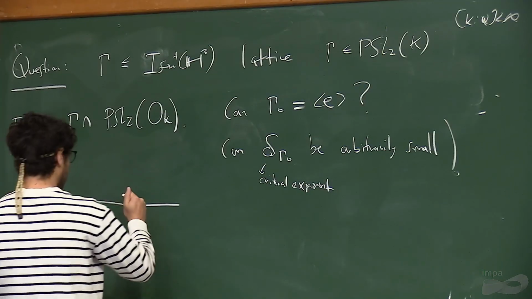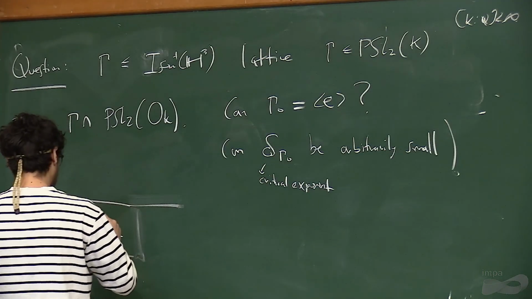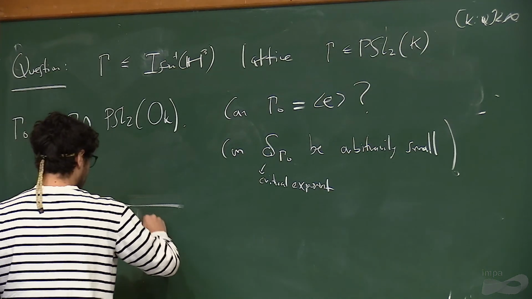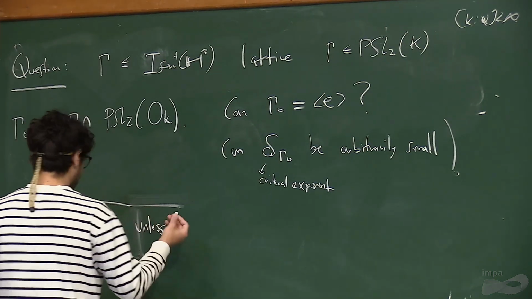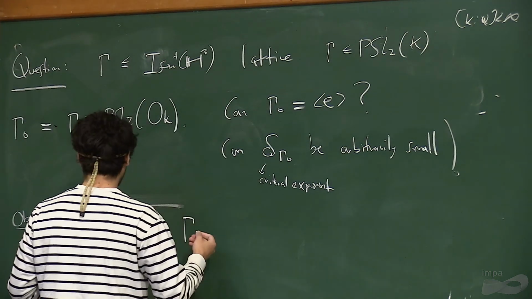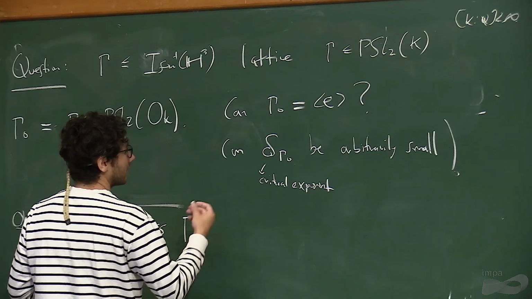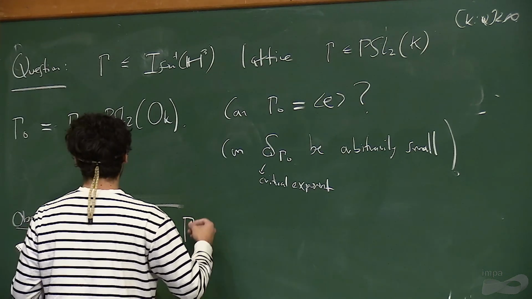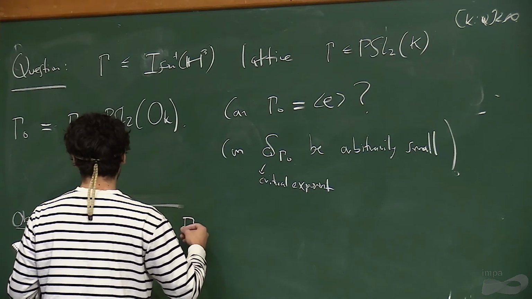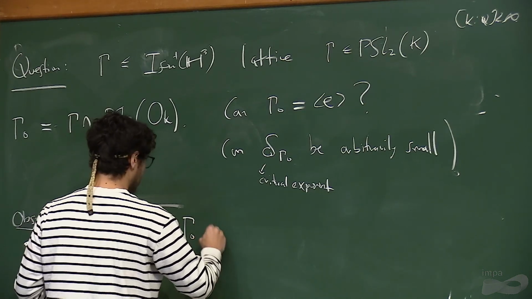This is less than 2 unless gamma has integral trace. It has integral trace unless gamma 0 is a lattice.